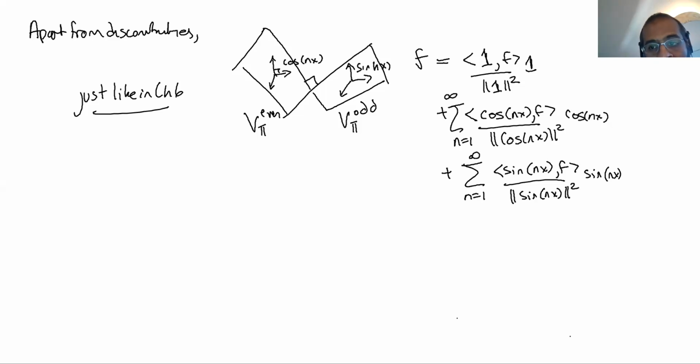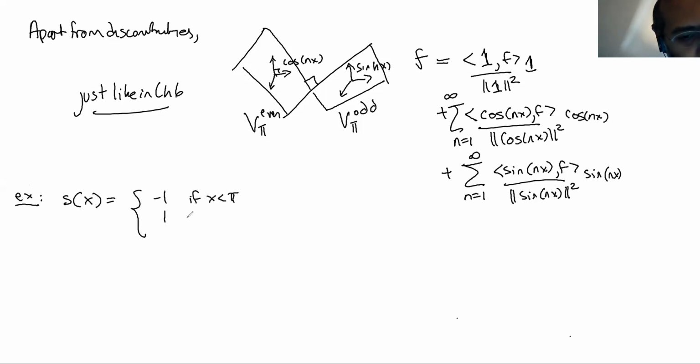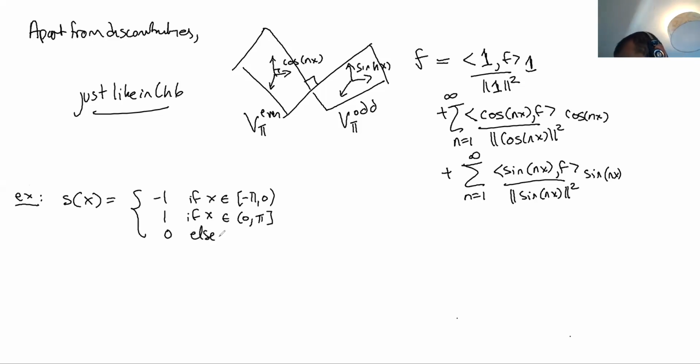Okay, and we looked at one example, this step function. Let me write it in interval notation. We calculated the Fourier series of that step function last time.